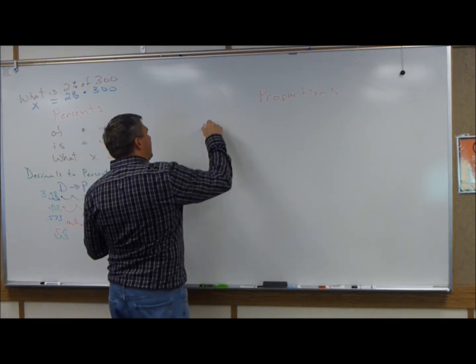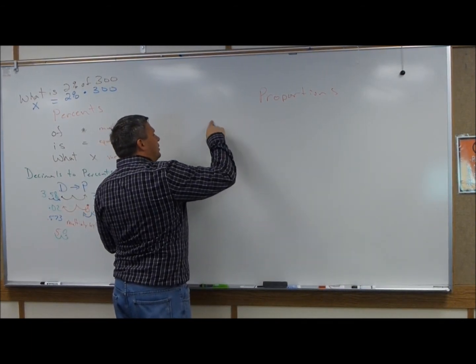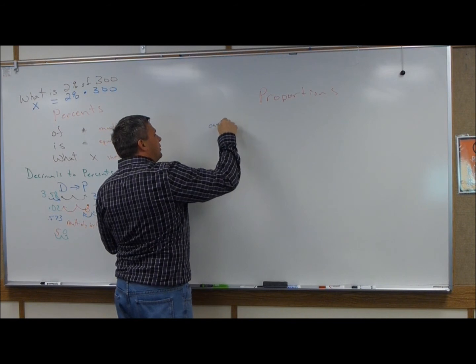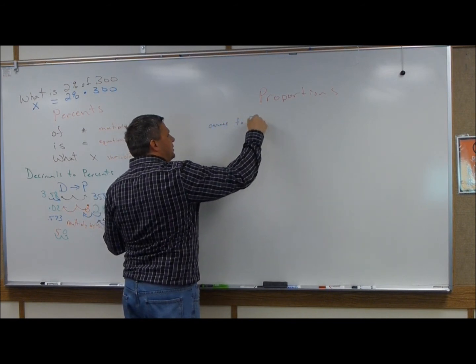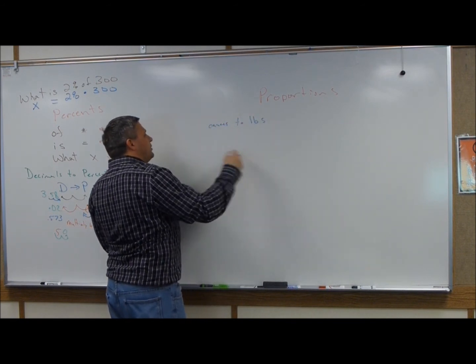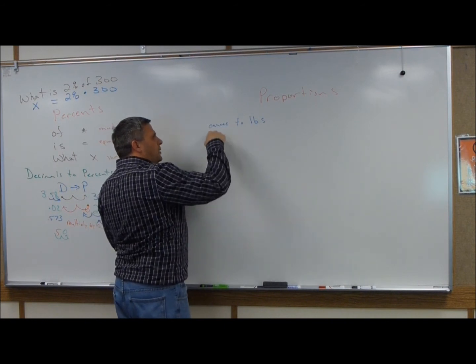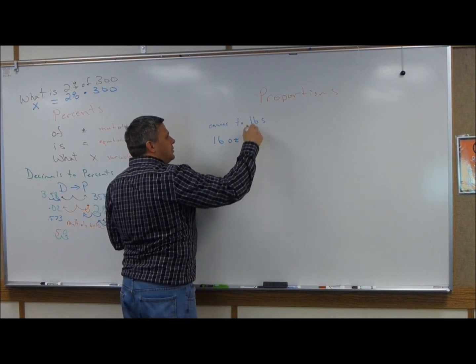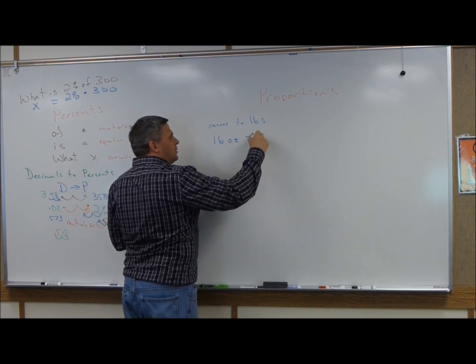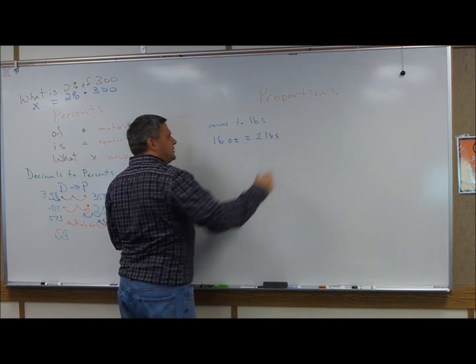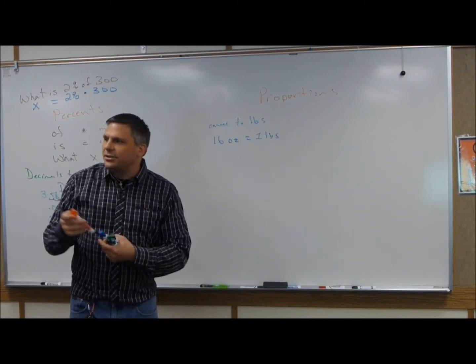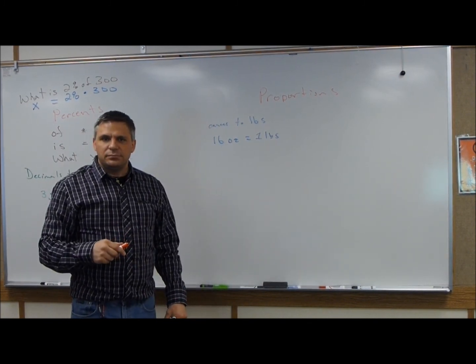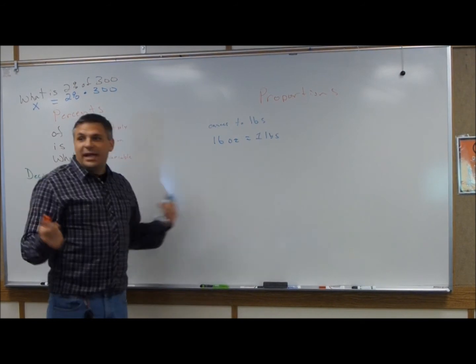So when you're doing ounces to pounds, I have to know that there is 16 ounces equals 1 pound. And that's all I have to know.